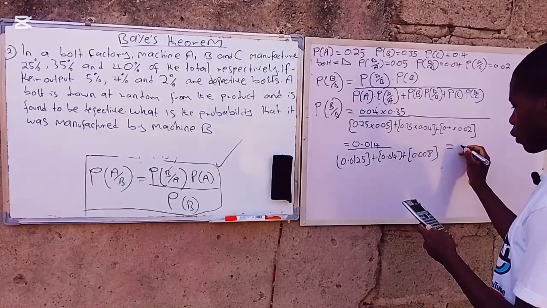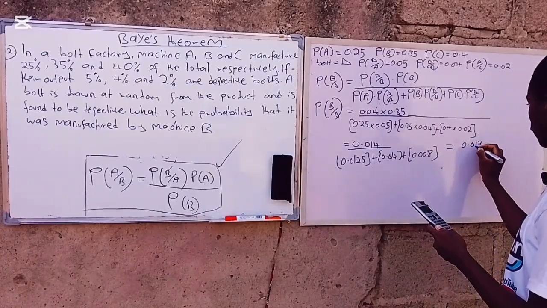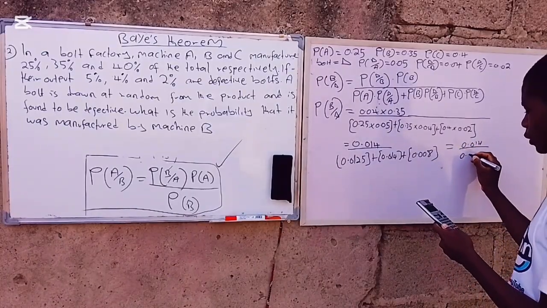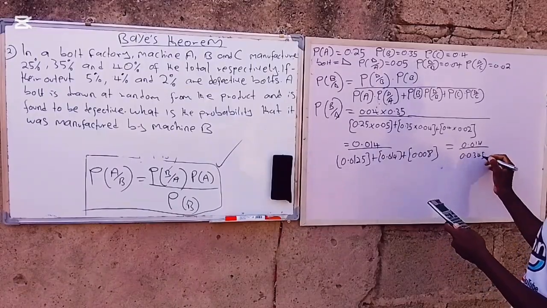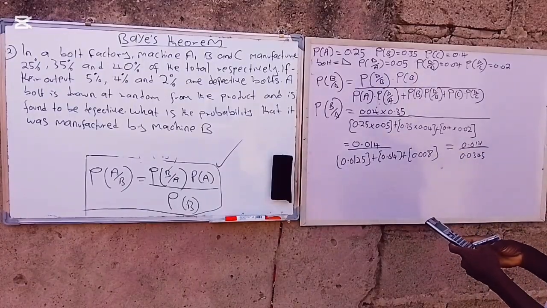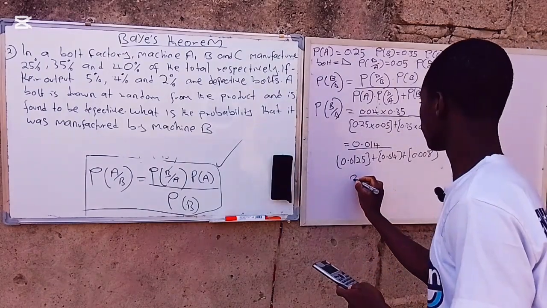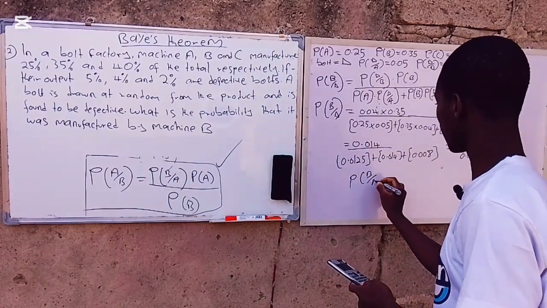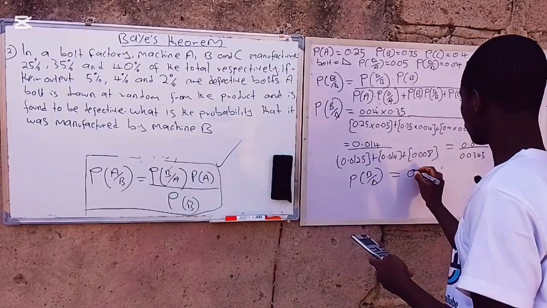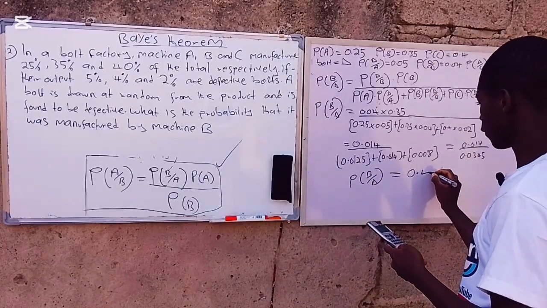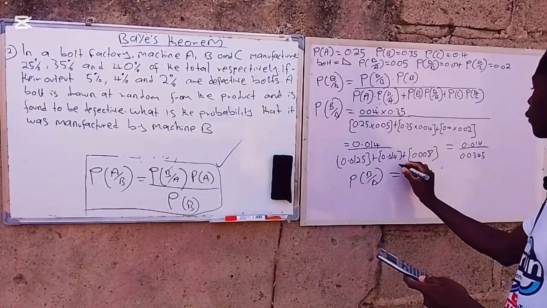So this should now be equal to 0.014 all divided by 0.0345. So I have 0.014 divided by the answer. This should now give me the probability of B against D equal to approximately 0.41.